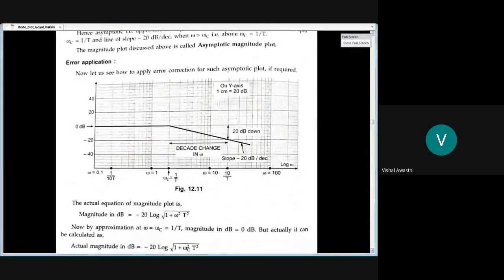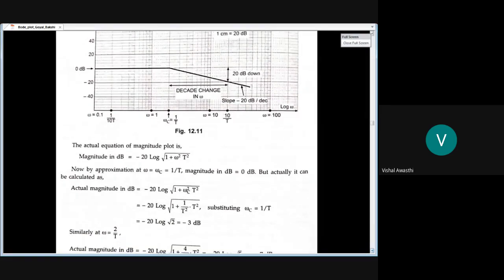Of course, if you are having the actual equation of the magnitude plot, you are having minus 20 log under root 1 plus omega square t square. What we have done till now? We have compared omega square t square with respect to 1, and according to that we have decided one low frequency range and one high frequency range, but this is the equation which is having the actual magnitude.